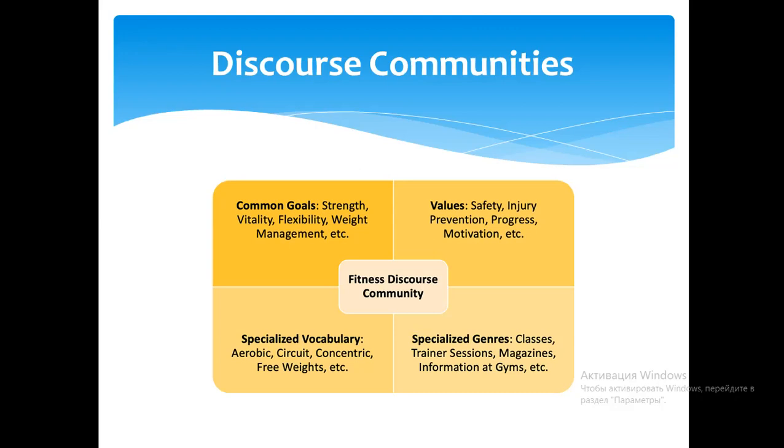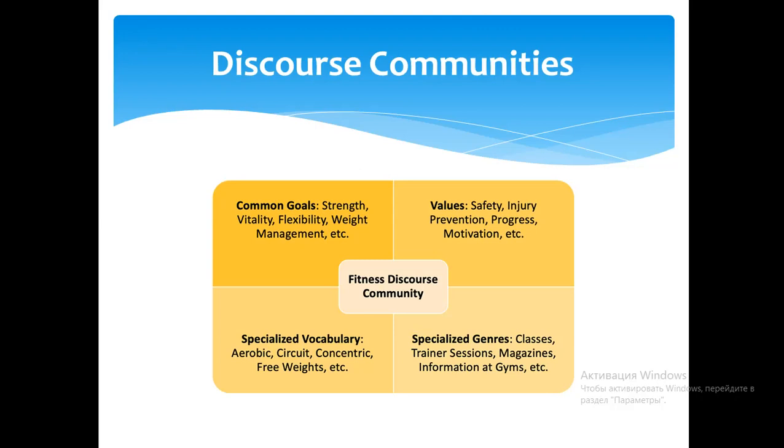Thus, genres not only link people together, they also link people with certain activities, identities, roles, responsibilities. In a very real way, then, genres help to regulate and control what people do and who people can be in various contexts.